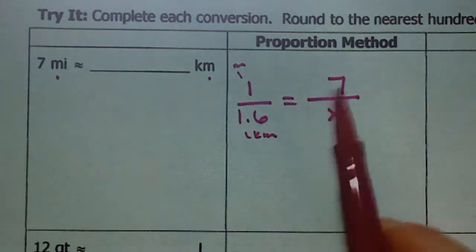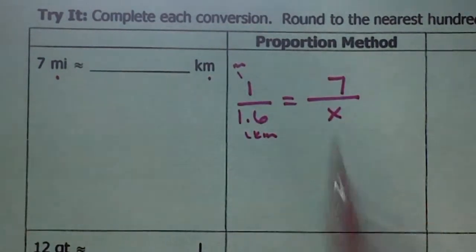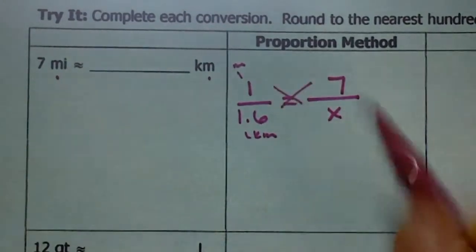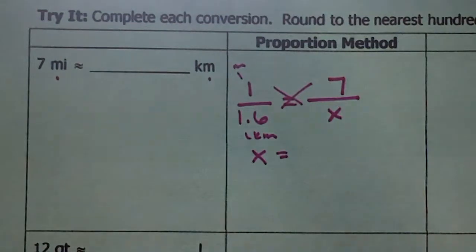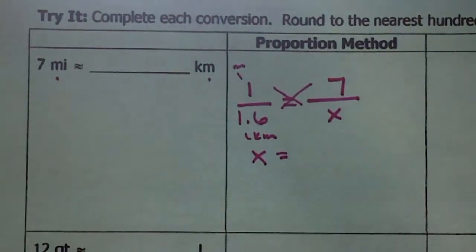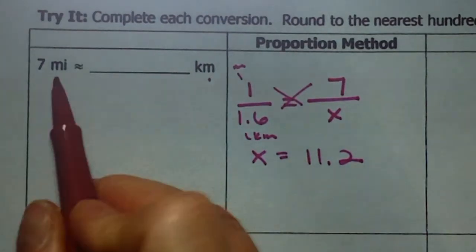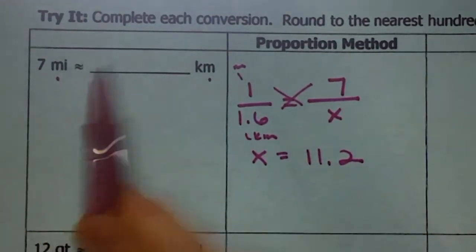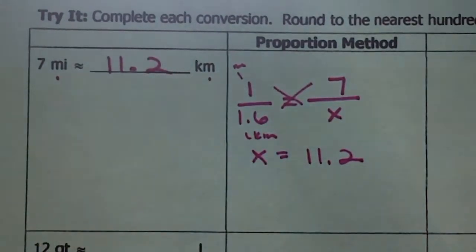I'm given 7 miles. That needs to go across from miles. I don't know how many kilometers, so I put a variable across from kilometers. Now, crisscross applesauce. X times 1 is X. And when you take 1.6 and multiply it by 7, you get 11.2. So that means that 7 miles is about equal to, because we've rounded these, 11.2 kilometers.